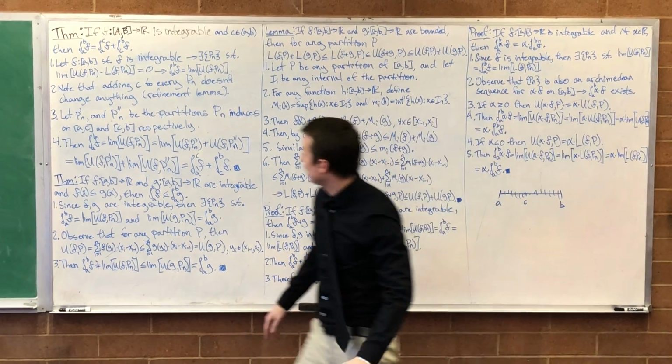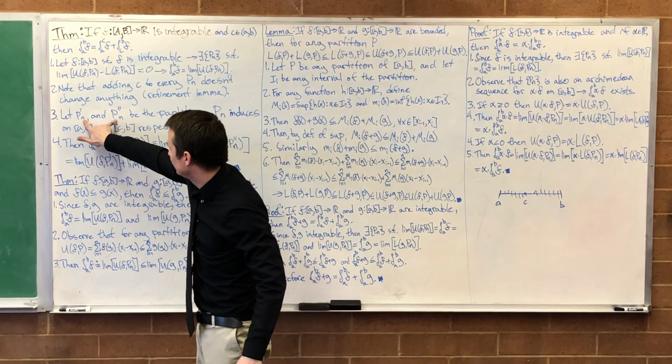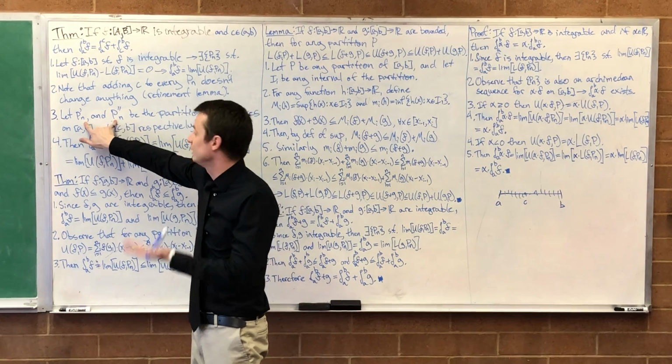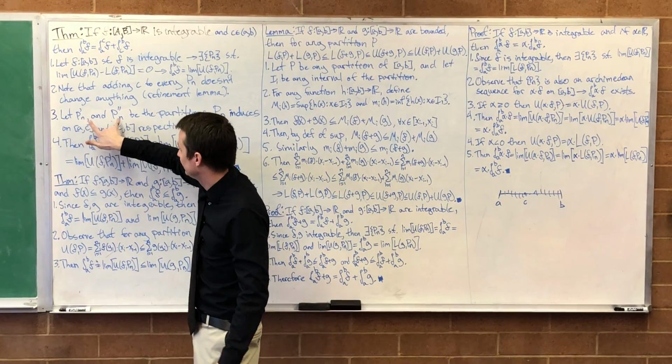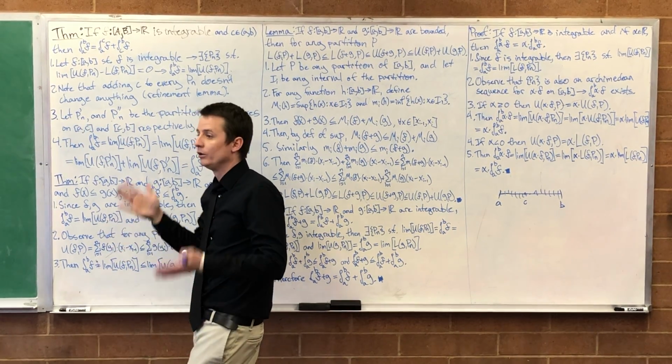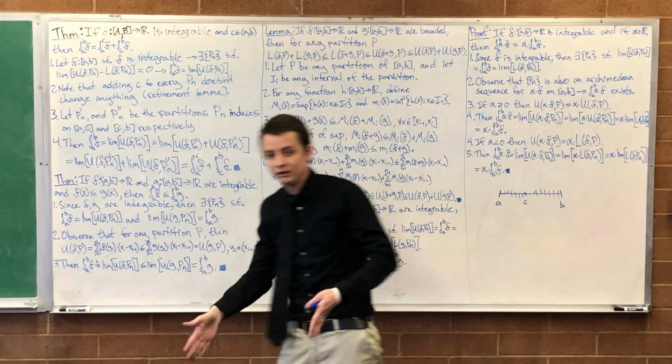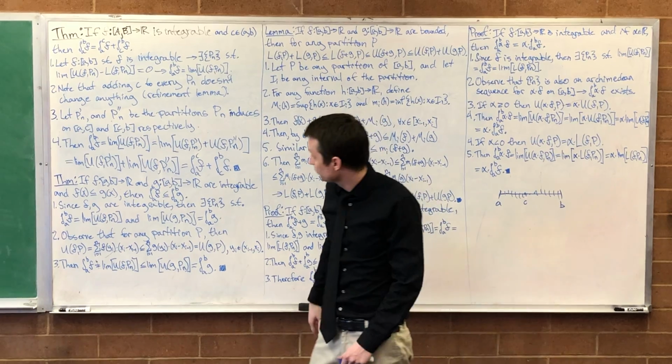So that's how I know that this and this, when I look at their sequences, are still going to be Archimedean-Riemann sequences of partitions, and so we're still going to be able to take the integral on this and on this. Remember, it's integrable if and only if one of these sequences exists. Since I know that one of these sequences exists, I know it's integrable.